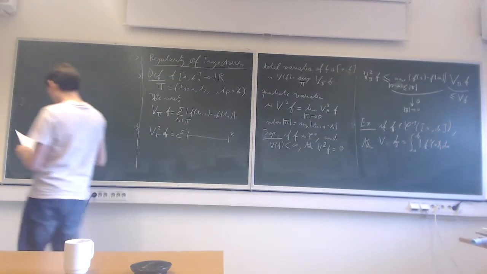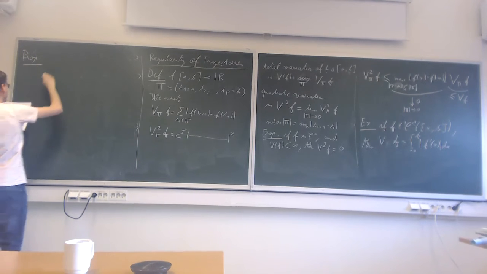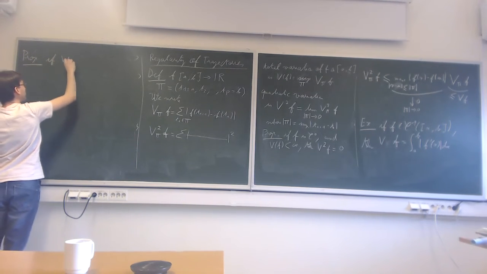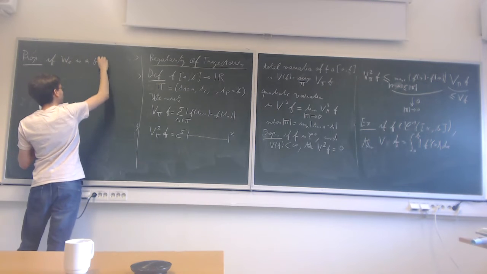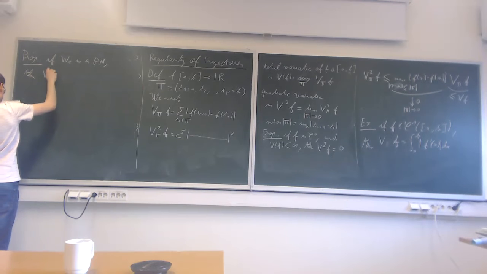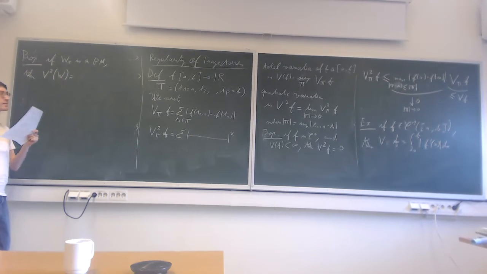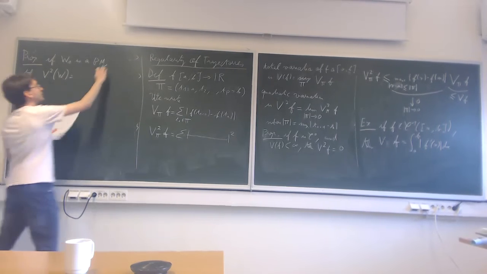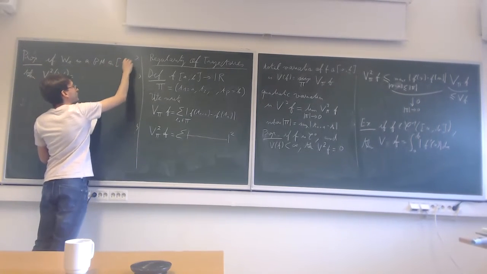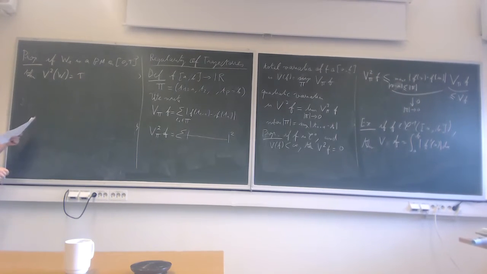Okay. This is the most important thing here. If W_t is a Brownian motion, then V2 of W is equal to T. Notice that there's no expectation anymore.